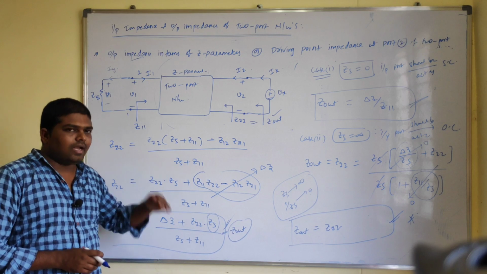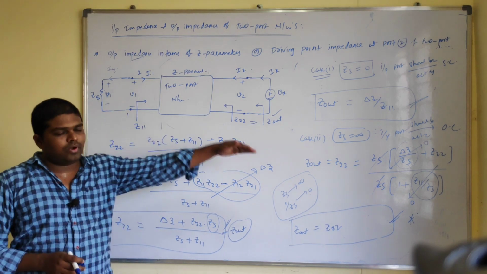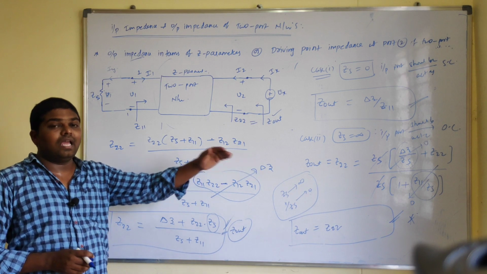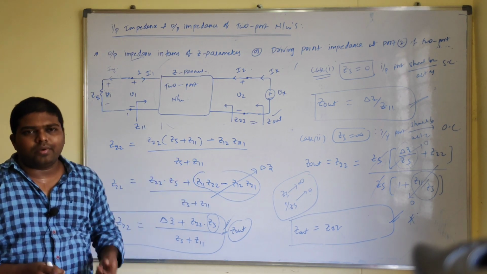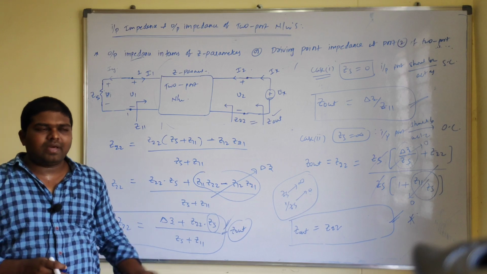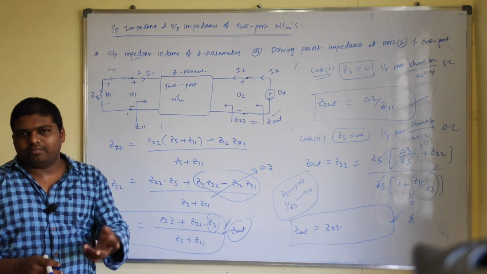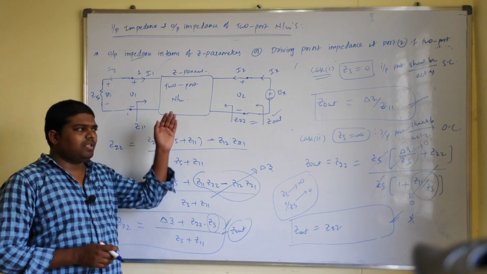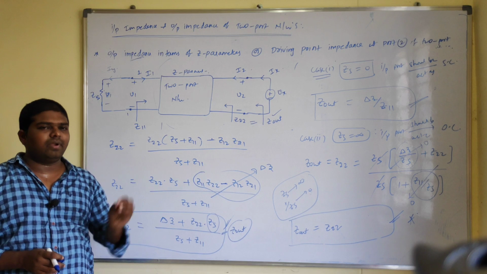For that network, I can solve the input impedance and output impedance values with the help of Z parameters. You can take the help of Y parameters, G parameters, H parameters, or the transmission and inverse transmission parameters also. The same method you can follow in order to evaluate input and output impedance. That is an assignment for you.